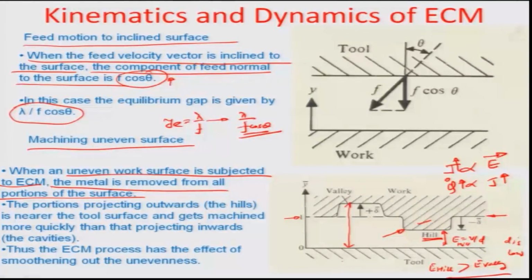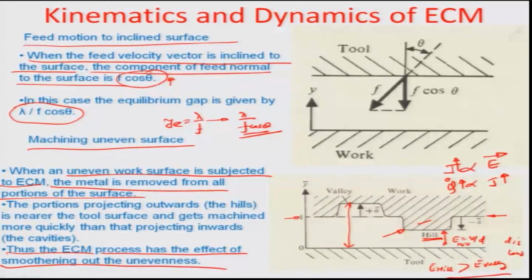So, the hills get removed more easily than the valleys. And therefore, ECM generally is a smoothening process. All uneven surfaces are self smoothened or self leveled because of this variation of the electric field with respect to the tool electrode.